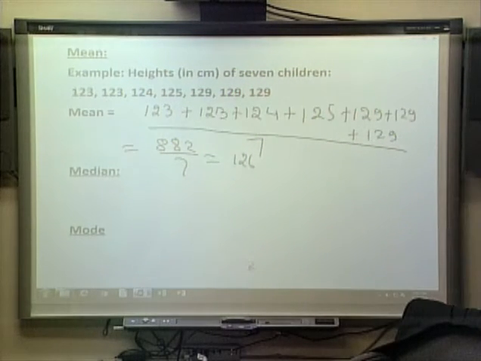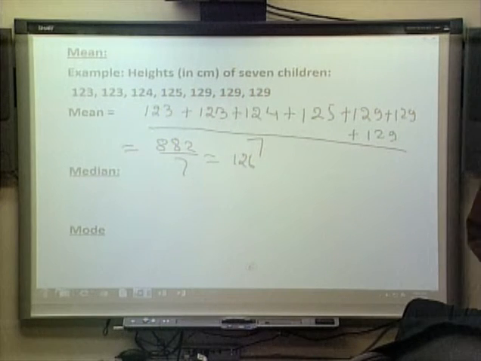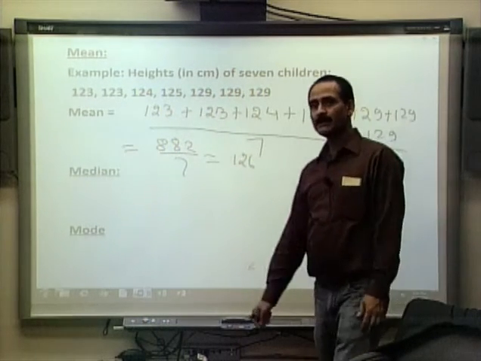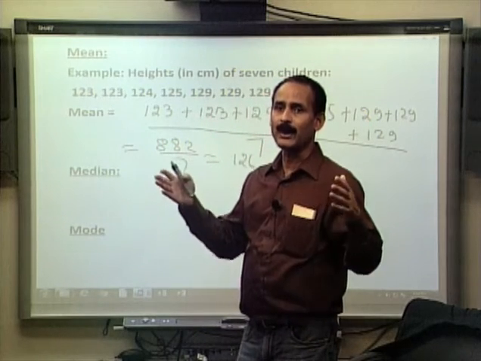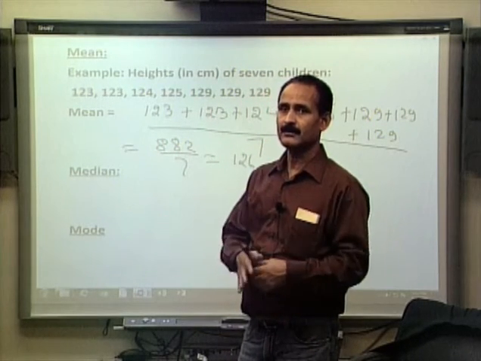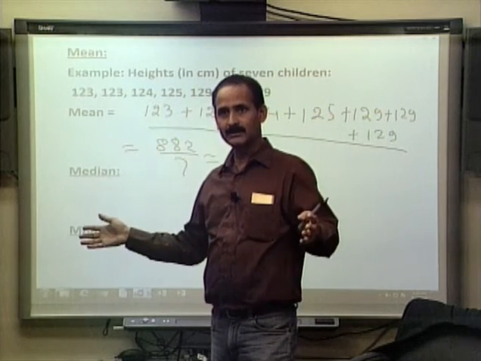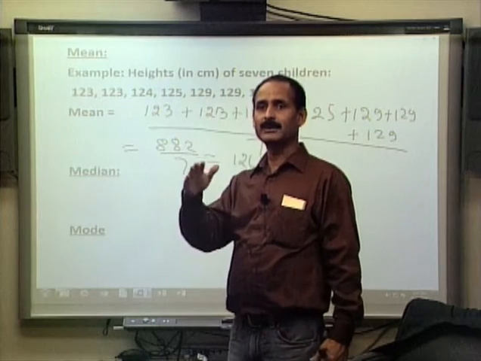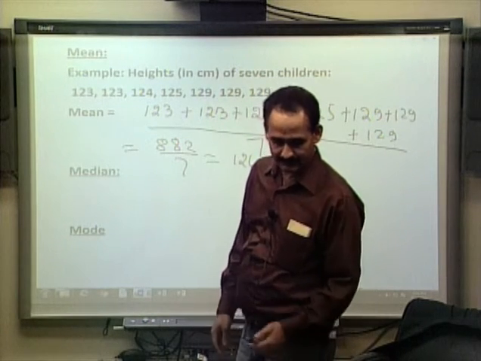Another measure of central tendency, another center, another average of the data is called the median. Median basically divides the data into 2 equal halves. We order the data from smallest to largest, and the median will divide the data into 2 equal halves.